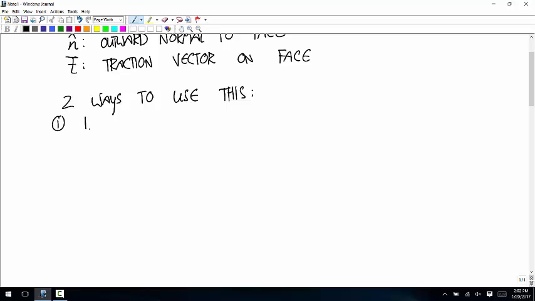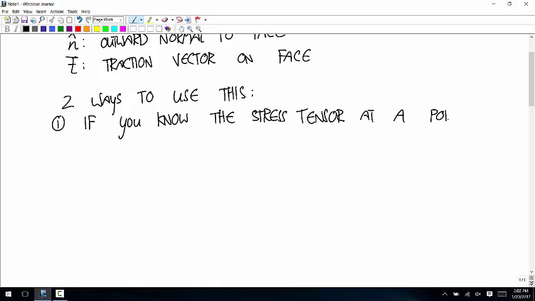The first one is if you know the stress tensor at a point, this lets you calculate the traction on a chosen face at that point.